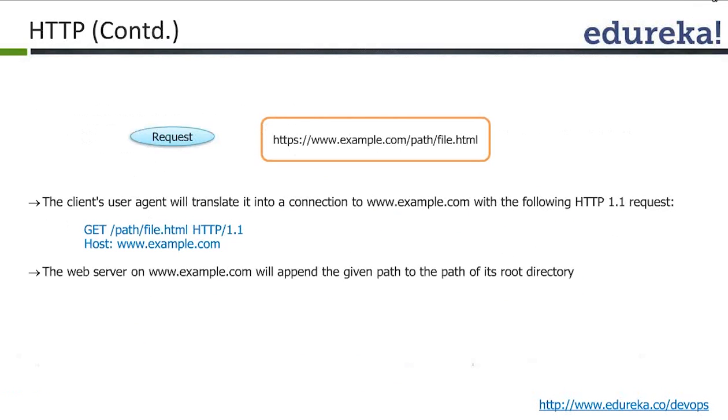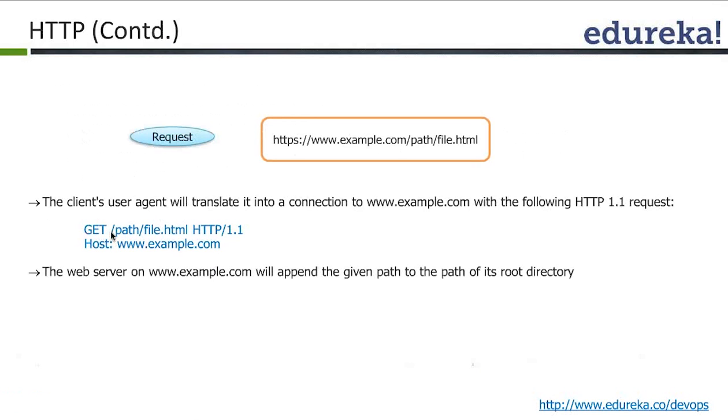So let's see what this protocol means. This particular protocol has a lot of commands. I'm sure you might have heard of them: your GET command, your POST command, DELETE. There are various kinds of such commands. When you type www.google.com or whatever it is, in the back end you are actually sending a command like this.